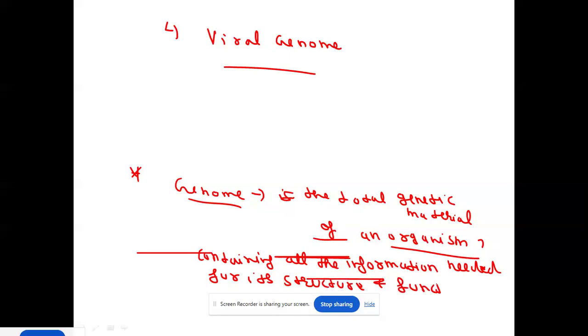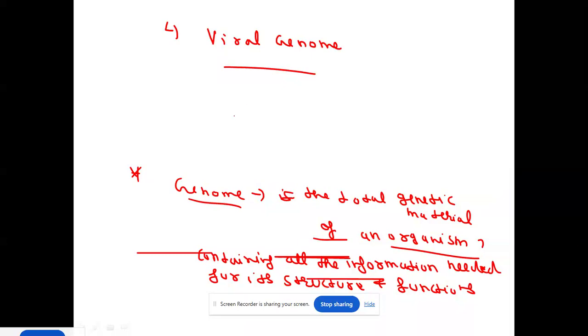So, what is the genome? That is the total genetic material of an organism, which is containing all the information which is needed for its structure and function, of that particular organism.